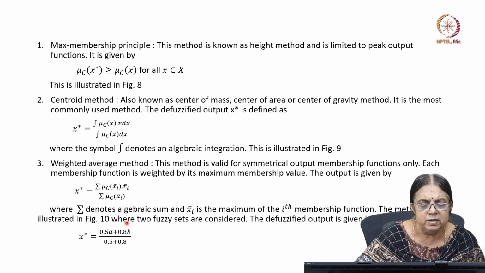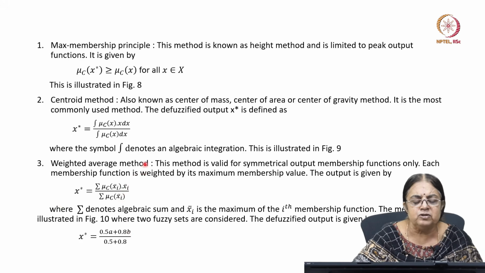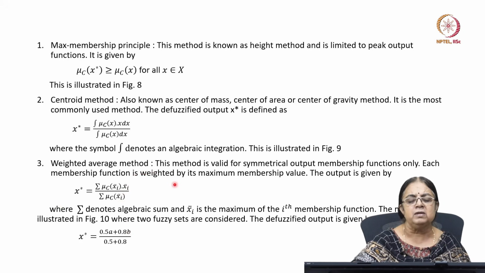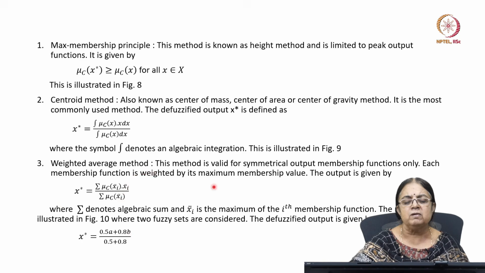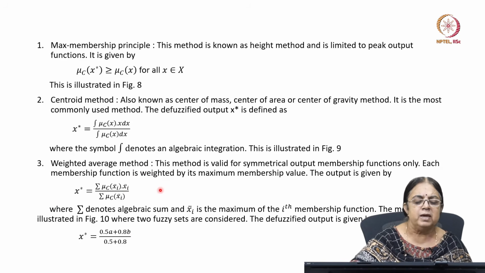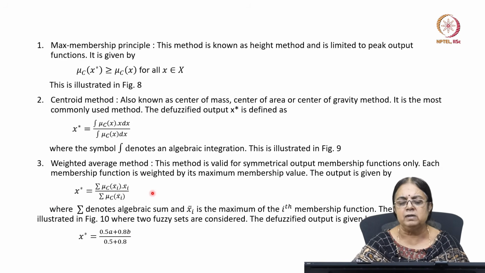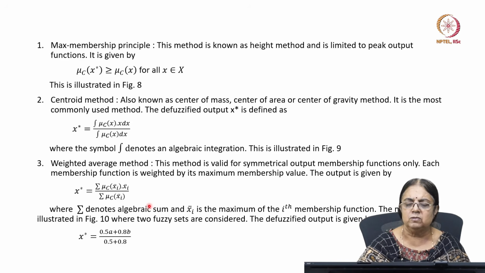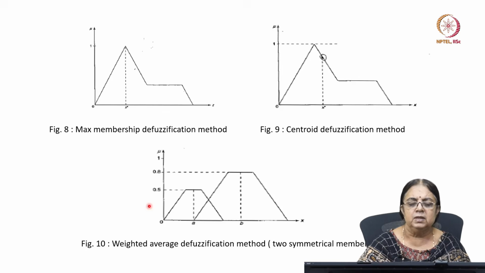The third one is the weighted average method. You take the points which have the maximum output and then find the middle of that. Here there are two membership functions.